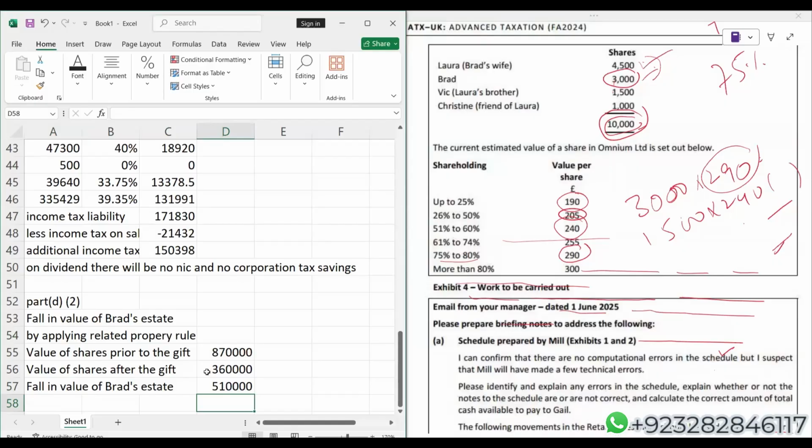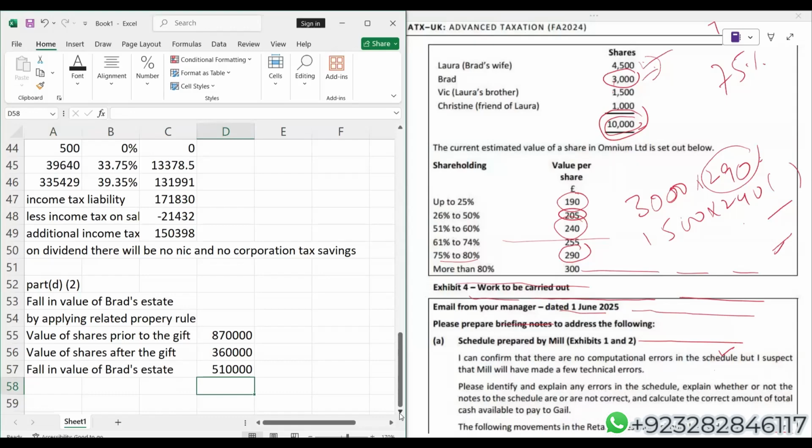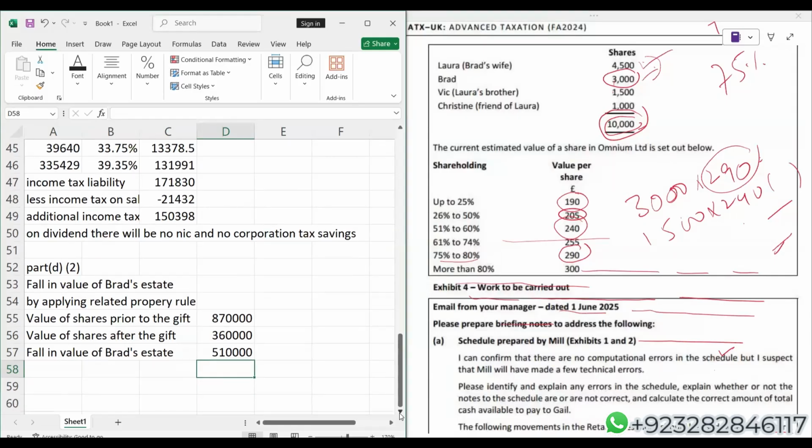I would say always, wherever the related property rule is applicable, the fall in value amount will be more by using the related property rule, but still you have to solve it twice, by ignoring the related property rule as well. Let's see what happens.